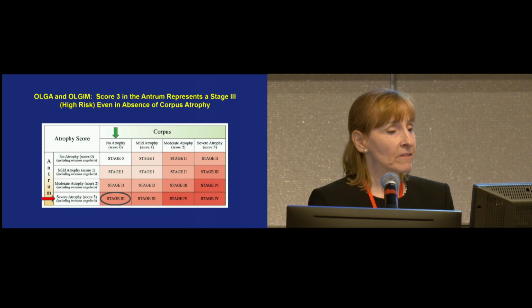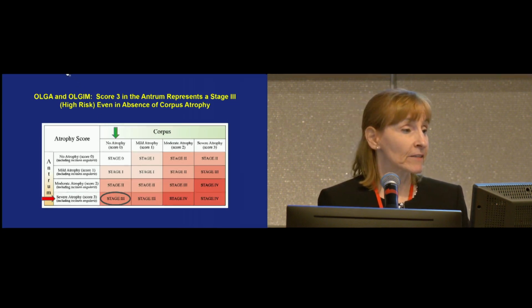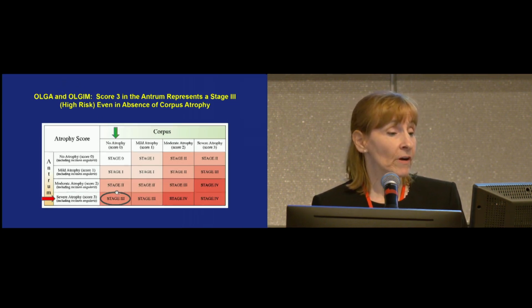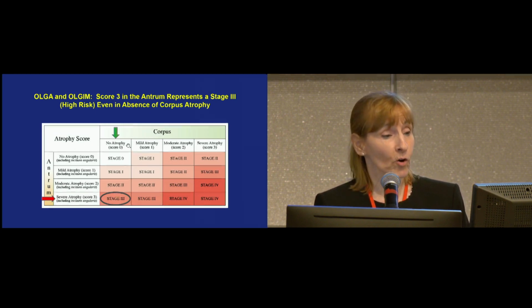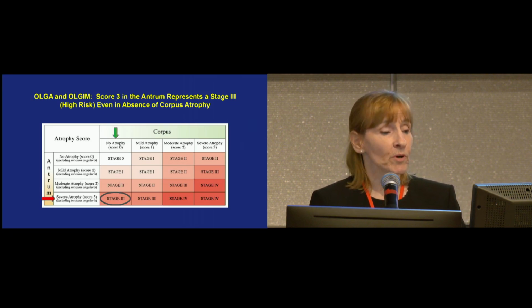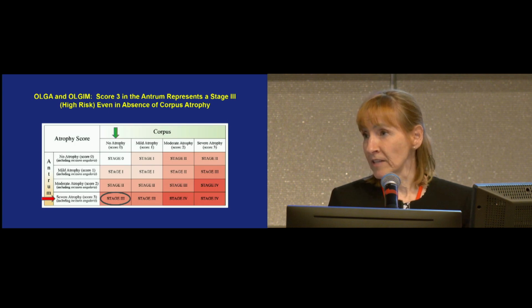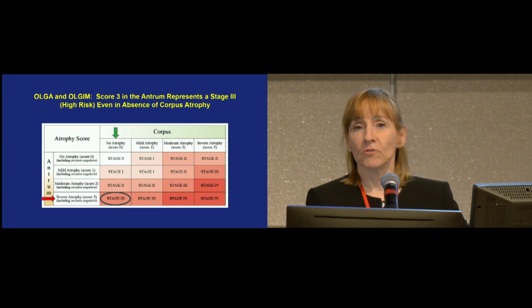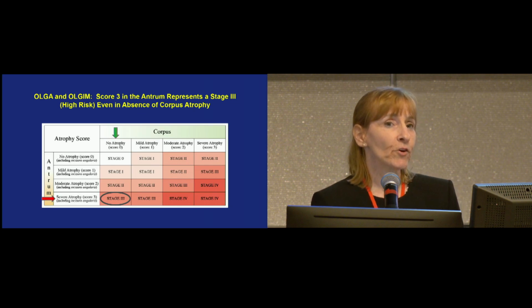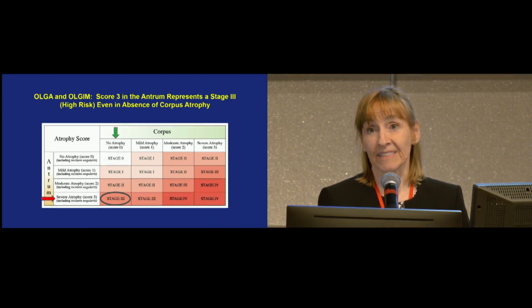One important thing to comment about is that in both systems, OLGA and OLGIM, you can have a score of 3 in the antrum and no atrophy in the corpus or no metaplasia in the corpus, and still you're at high risk. So this is an important concept because somebody mentioned that yesterday, that sometimes you can have the entire corpus with atrophy and still they don't consider that in many guidelines as extensive.